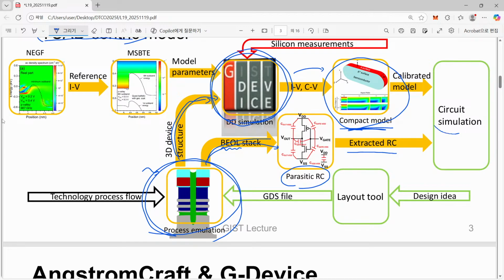In circuit simulation, maybe you have heard about SPICE. In a SPICE simulation, we need certain models for devices and backend of line in metal interconnects. These are entered into SPICE as input parameters.